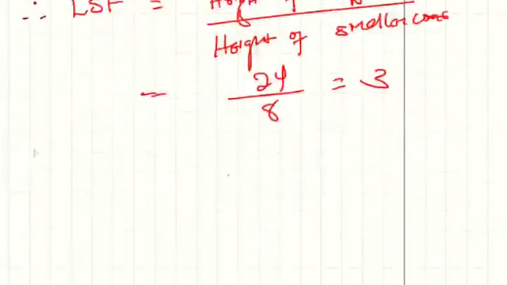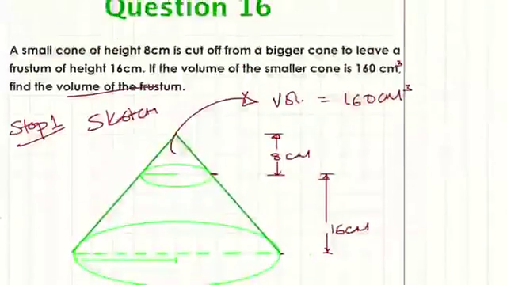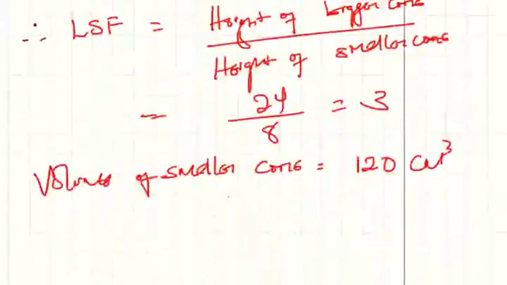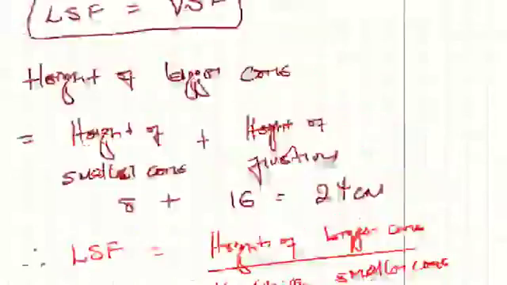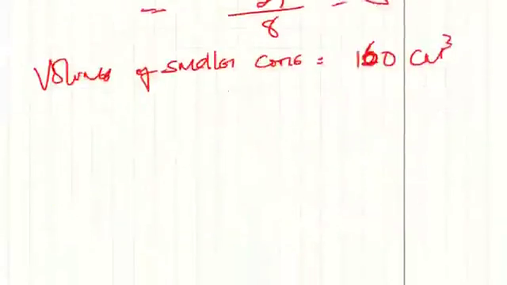Remember, we've been given the volume of smaller cone to be 160 cubic centimeters, from our statement here. And you've been told to find the volume of the frustrum.